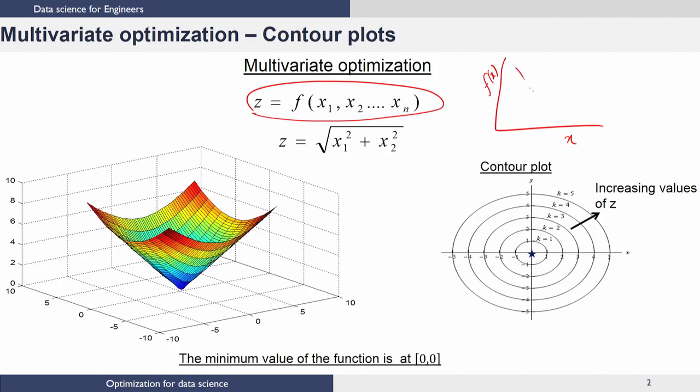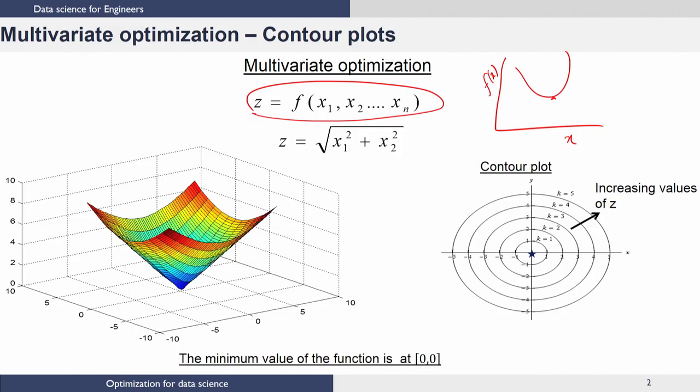So, you could see something like this and then say this is the minimum and so on. However, when you extend this problem to two dimensions, then you have to have three dimensional plots, and in dimensions higher than 2, if the decision variables are more than 2, then it is difficult to visualize.